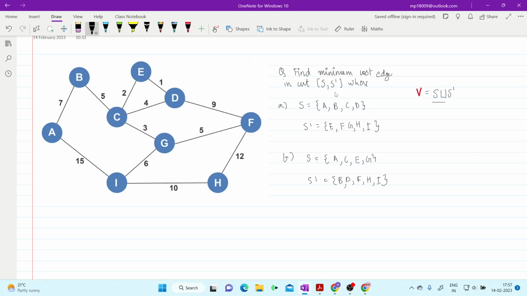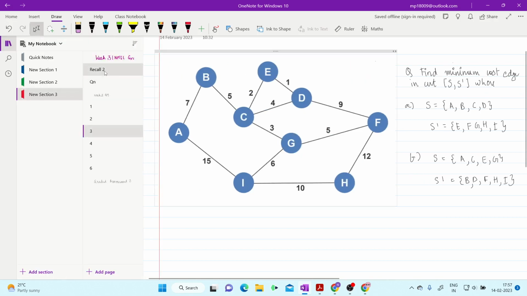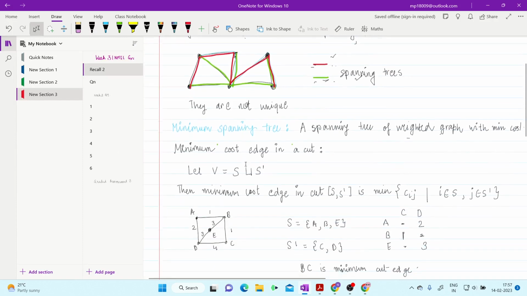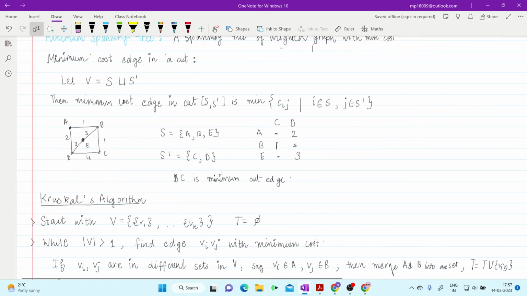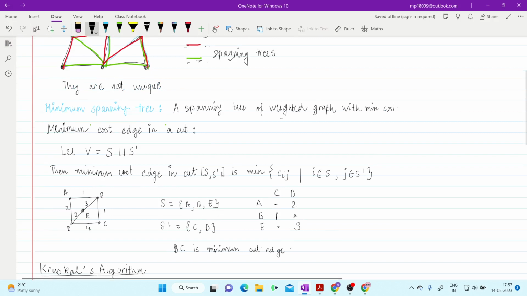So given a cut of vertices, we are trying to find the minimum cost edge in that cut. So the minimum cost edge in a cut.